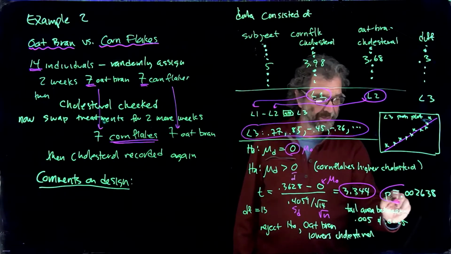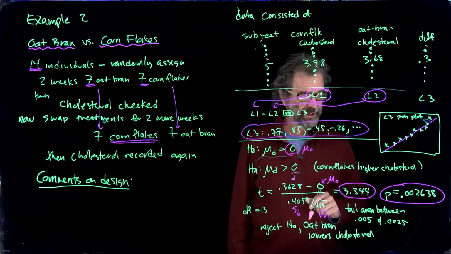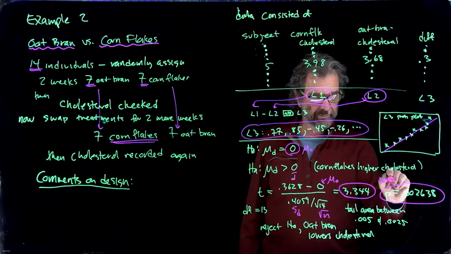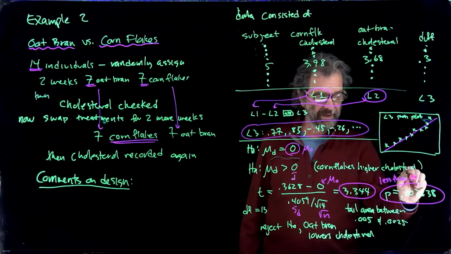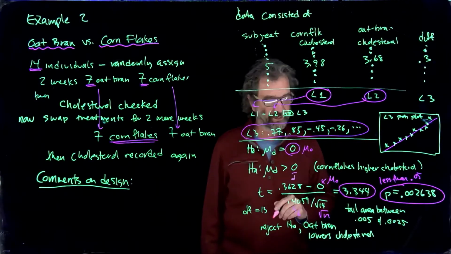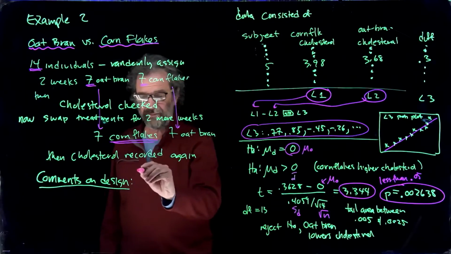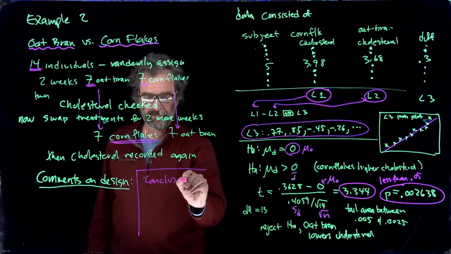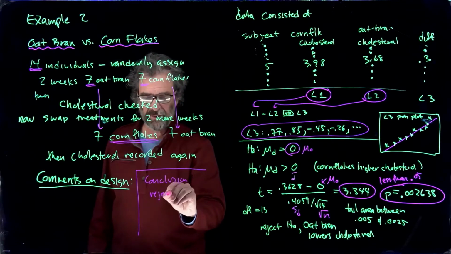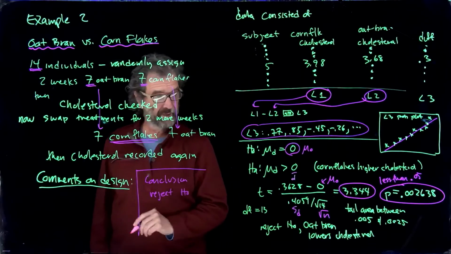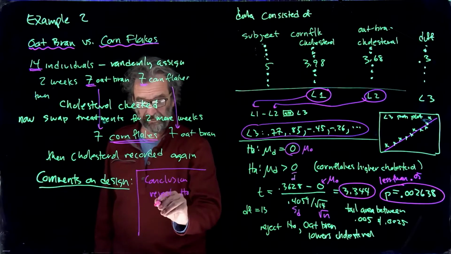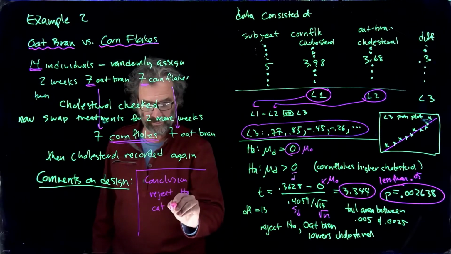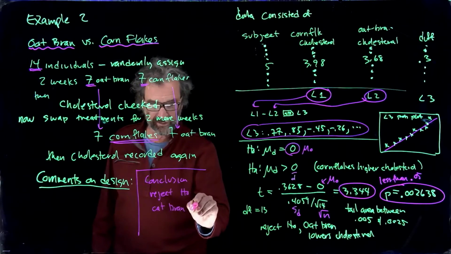And then the p-value spit out by the calculator is pretty tiny. So that's less than 0.05. So we'd say over here, our conclusion, reject H0, oat-bran, I think I wrote it over here already, oat-bran lowers cholesterol.